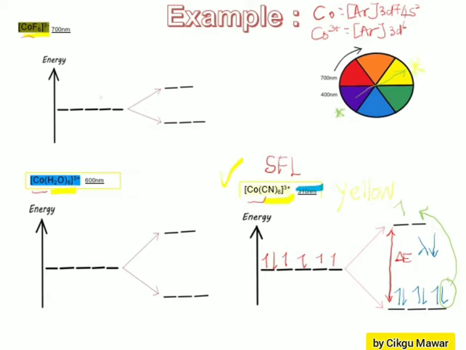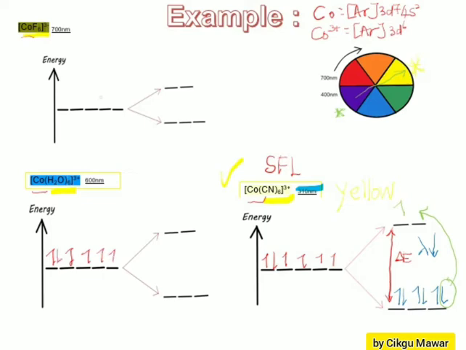Now we look at the second one, hexaaqua cobalt 3 ion. Here we use aqua, which is a weak field ligand. We fill up the electrons: 1, 2, 3, 4, 5, and 6.